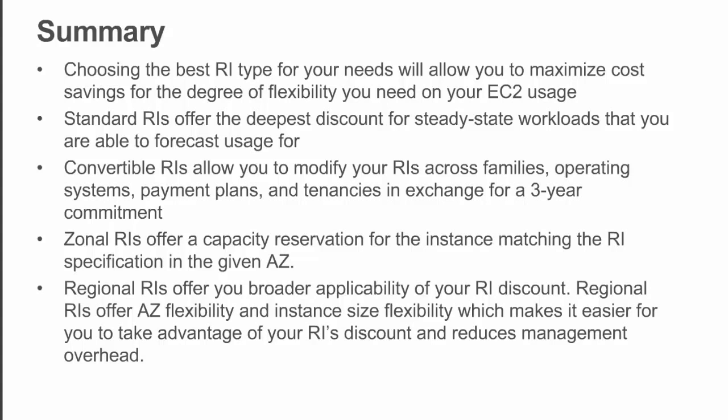Regional RIs offer broader flexibility of your RI discount in the form of AZ flexibility and instance size flexibility. So if you value the RI's discount and flexibility more than the capacity reservation, then you should choose to purchase a regional RI. Regional RIs make it easier for you to take advantage of the RI's discount and considerably reduce RI management overhead.